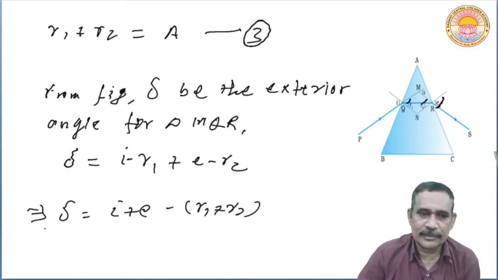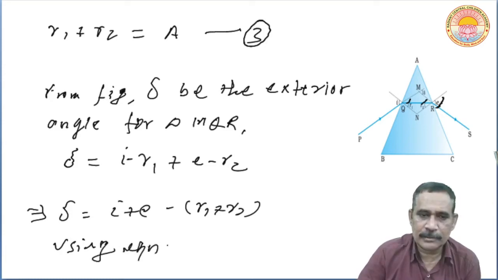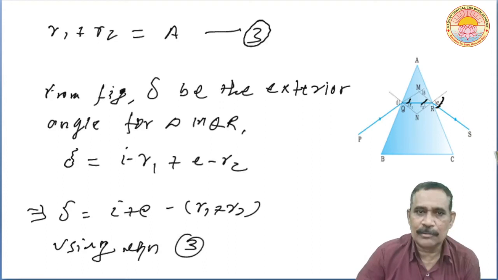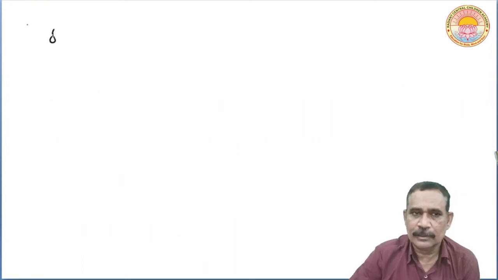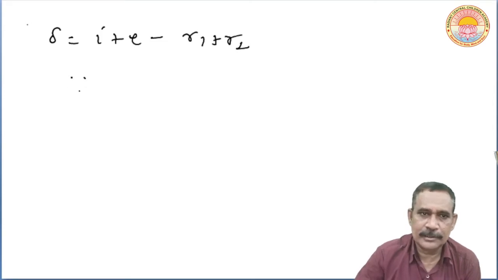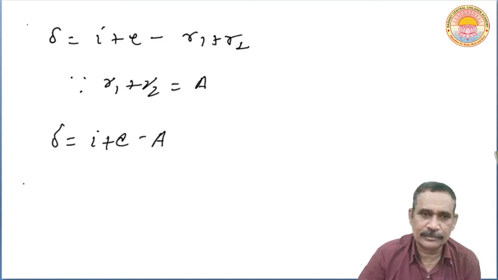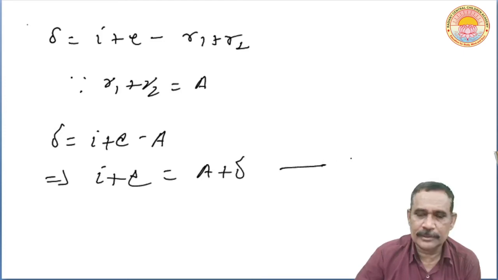Using equation third, since R1 plus R2 equals A, therefore delta equals I plus E minus A, or I plus E equals A plus delta. This is equation 4.